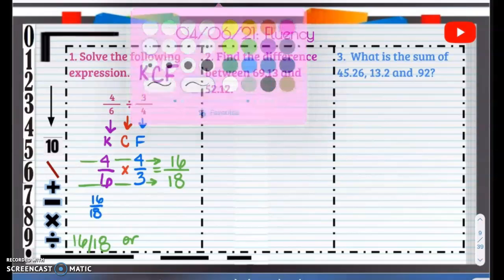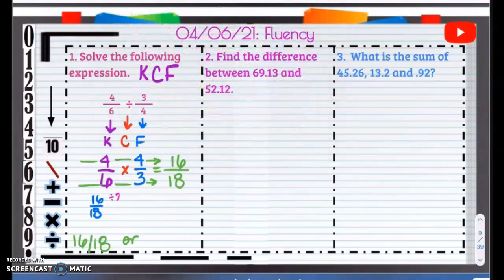So if we divide both the top and bottom by 2, 16 divided by 2 is 8. 18 divided by 2 is 9. So 8/9 is also the same thing. So it'll be either 16/18 or 8/9.